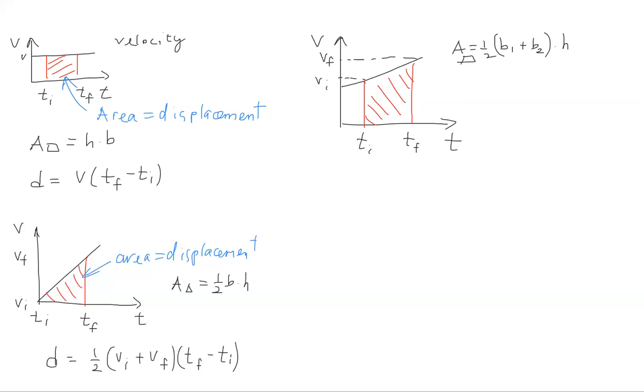So then we can write displacement as 1/2 (V initial plus V final) times (T final minus T initial). So now you should notice that these formulas are essentially the same, right? This one and this one. And there must be an underlying reason for that, because it's not a coincidence.